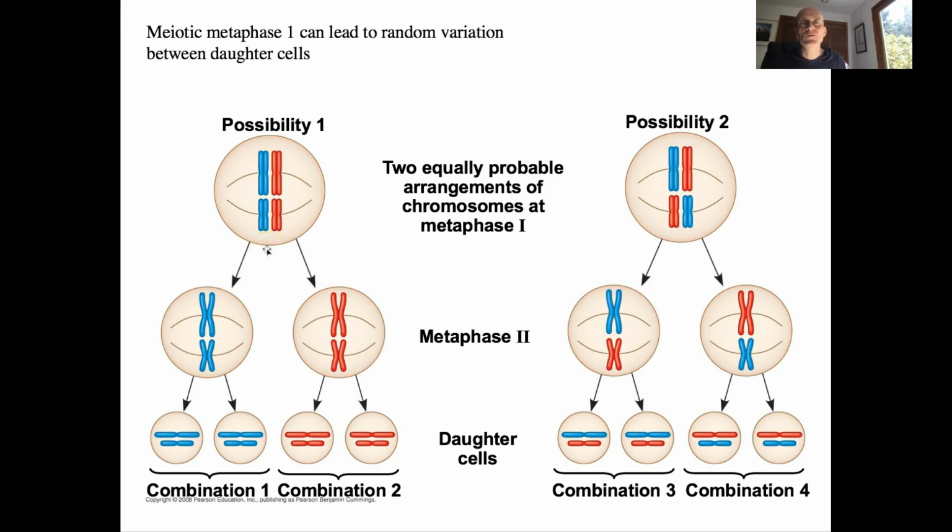And the more chromosomes you have, the more different types of combinations there are with which they can align like this or like that. So with 23 chromosomes, like in the human genome, there's already so much variation possible without even having to go through crossing over. And then, of course, that happens as well. And that helps explain why there is so much variation between the way people look.